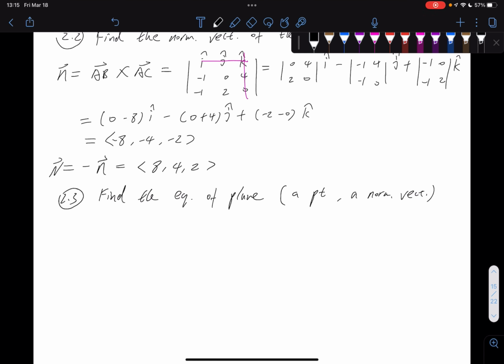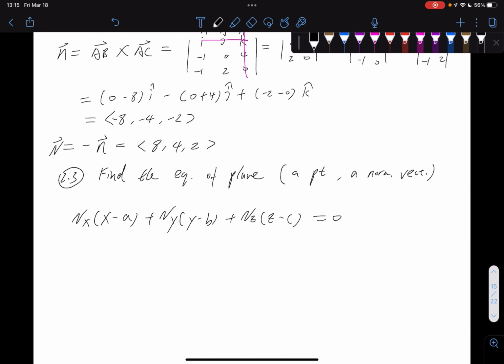So the equation of the plane is as follows: nx times x minus a, plus ny times y minus b, plus nz times z minus c, equals 0. Let's make the normal vector capitalized.